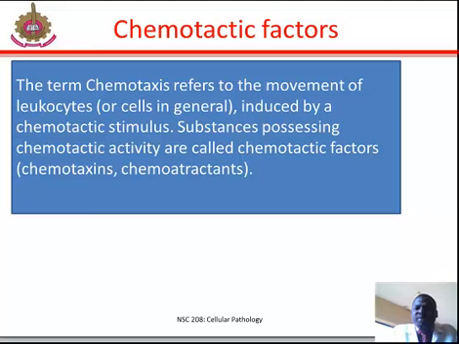Besides chemotaxis, stimulated directed migration, leukocytes also possess two other types of movement. We have random migration, which is undirected spontaneous migration. The chemotactic stimulus is provided by substances that can either attract or repulse the cell. Thus, chemotactic cell movement can be either positive or negative.